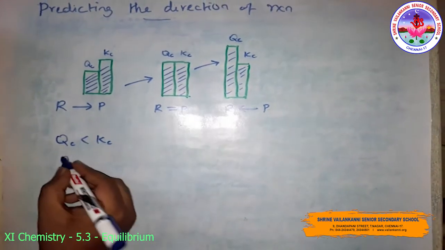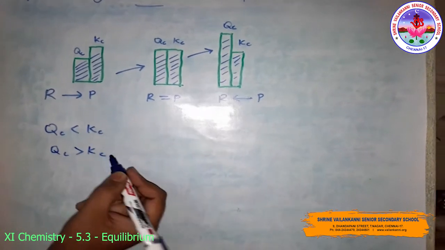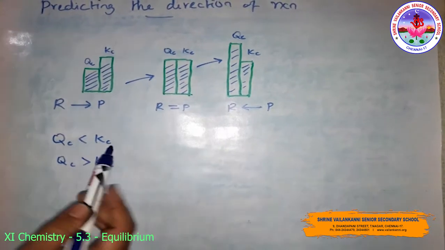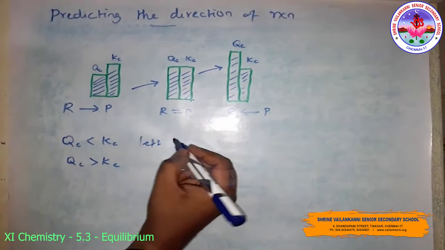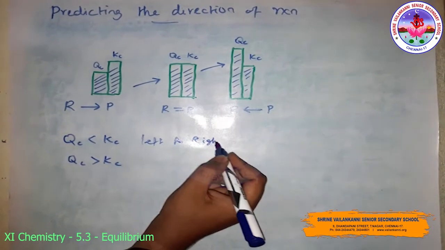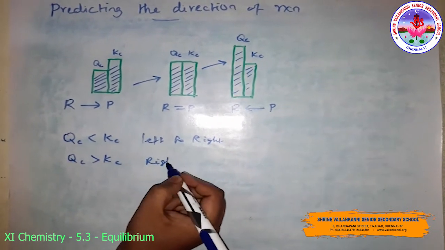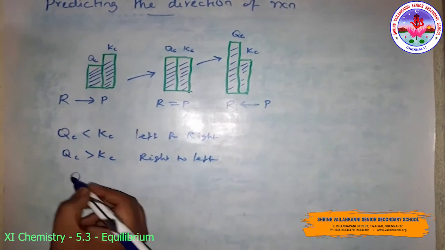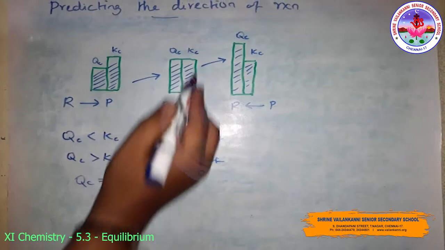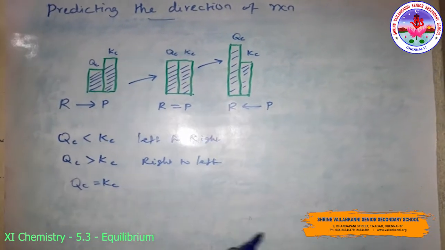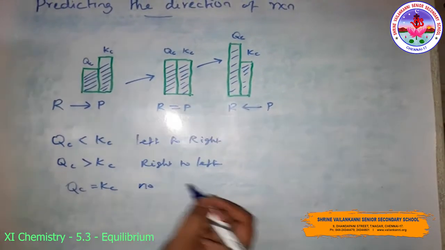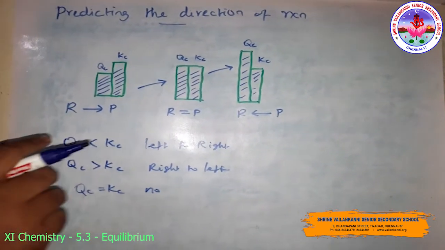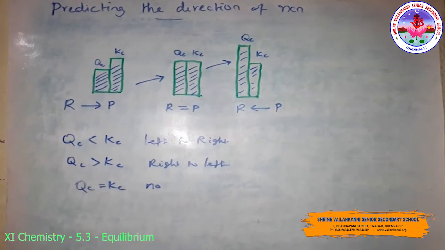If Qc is greater than Kc, the net reaction goes from right to left. And if Qc is equal to Kc, there is no net reaction. So this is predicting the direction of the reaction.